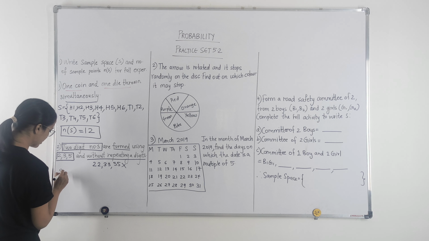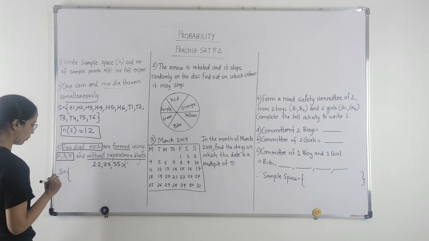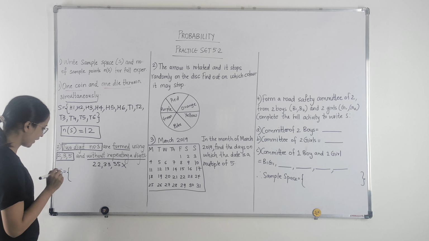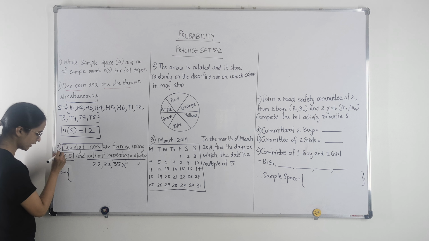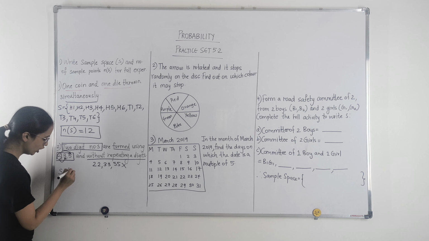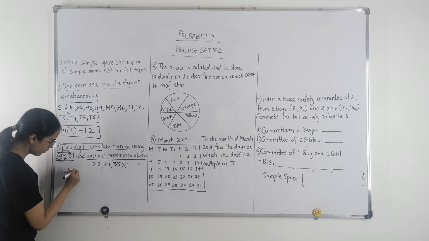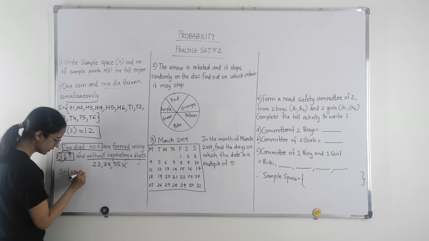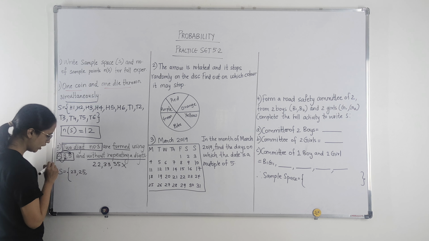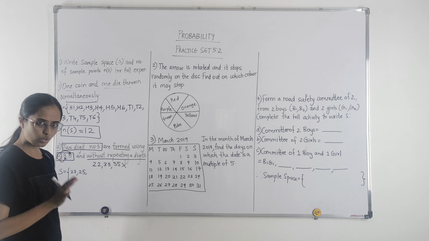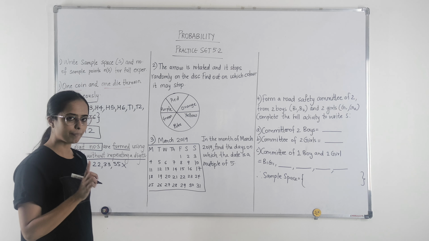So if the sample space is S, now I will do the same thing. What I will be doing is fixing 2 and then I'll try to pair 2 with the remaining 2 digits. So if I pair 2 with 3, then I get the number 23. Similarly 25. Now with 2 fixed, that is done. Now let's move on to the next number 3.